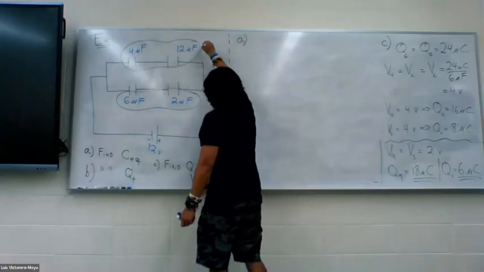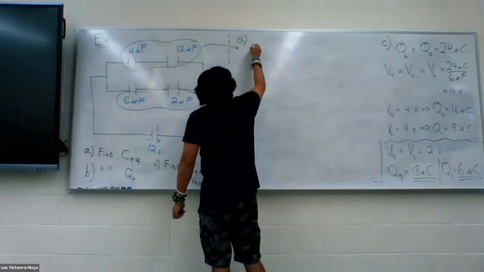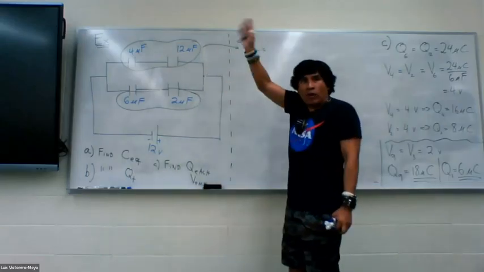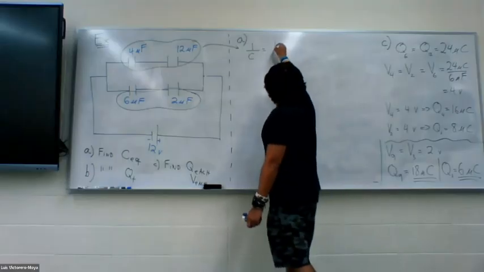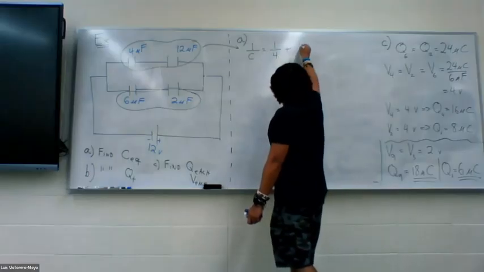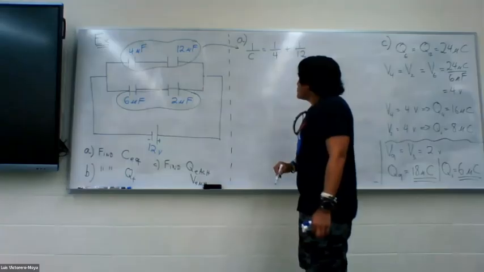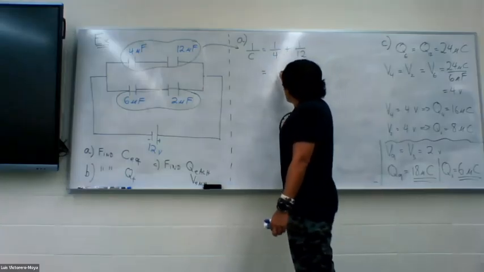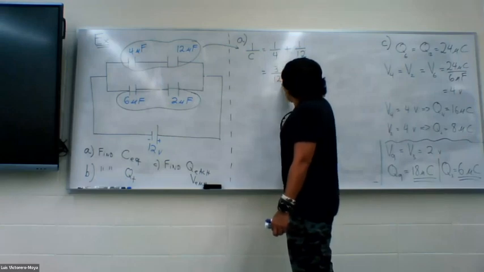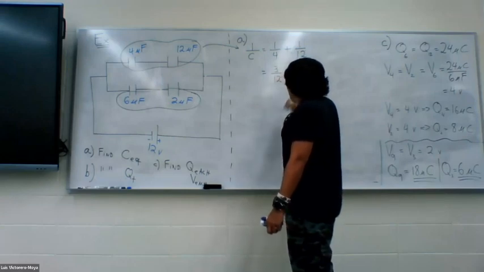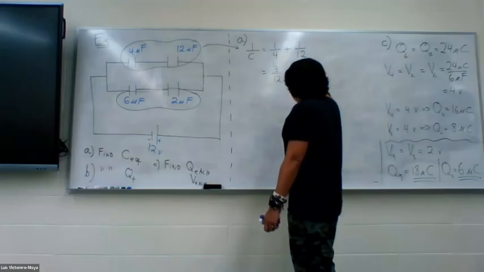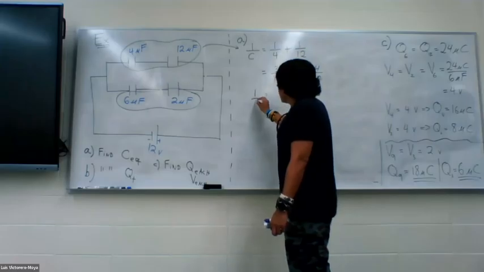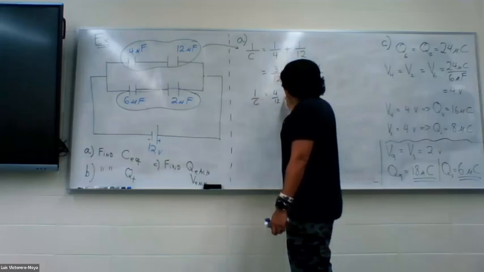4 and 12, I'm going to write here 1 over C is in series, right? So we have to use that 1 over C is equal to 1 over 4 plus 1 over 12. The common denominator is 12, so 3 over 12 plus 1 over 12. That's 4 over 12. So 1 over C is 4 over 12.